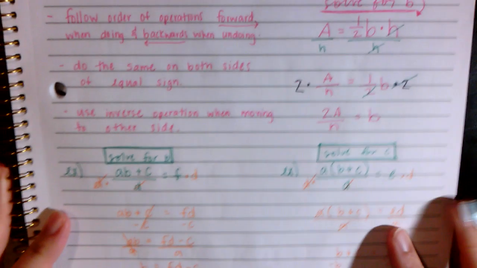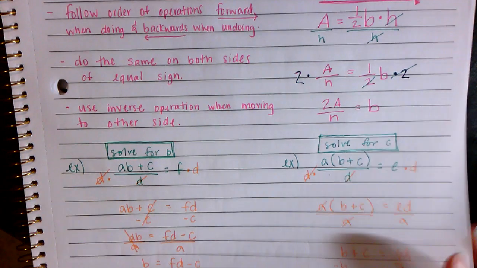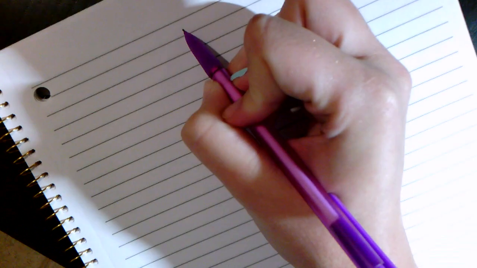And one more thing I'd like to add, this doesn't have to go in your notes. I'm just going to write it on a blank sheet of paper for you, a really easy example. Okay, one more thing.